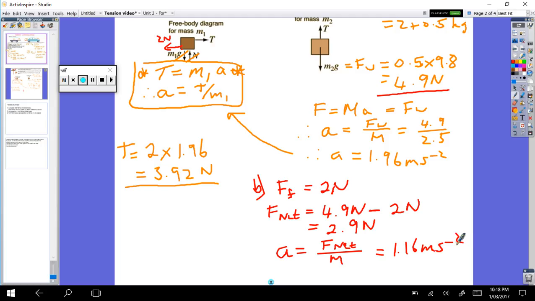Now we use that with our formula for tension, so tension is going to be m1 times a, which equals 2 times 1.16, which equals 2.32 newtons. And that's our final answer.